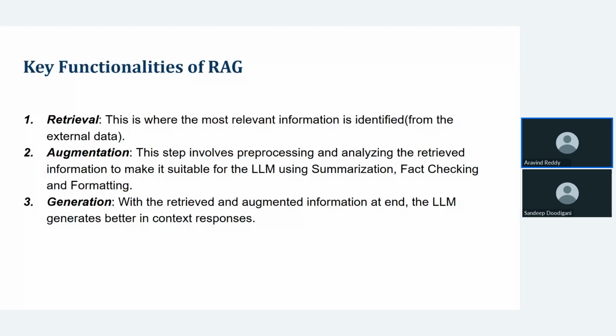The key functionality of RAG is retrieval. This is where the most relevant information is identified from the external data. It will search for extra documents. For example, you read the complete textbook for your exam, which is going to come in a few more days, covering all the information about the subject topics.